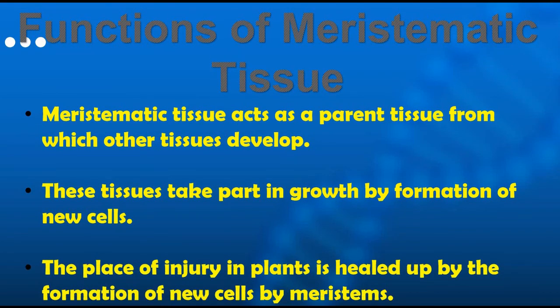The third function is that the place of injury in plants is healed by the formation of new cells by meristem. So the meristematic tissue plays a crucial role as a repair unit, or the hospital of the plant, because it heals or replaces the injured cells by new cells.